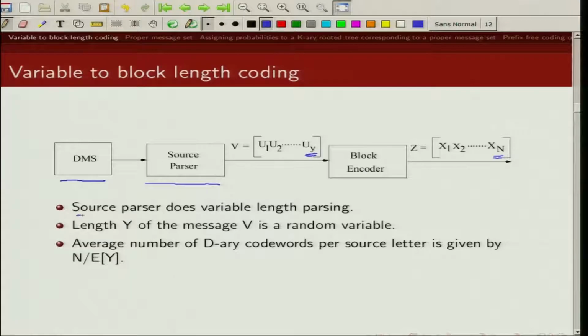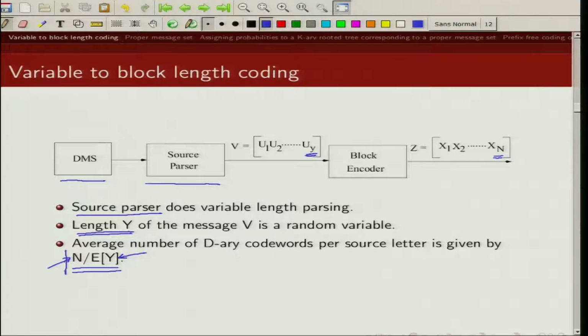So our objective is to design a source parser which will do this variable length parsing of the input bit stream, and our input block size Y is a random variable. Ideally we would like Y to be large, because n is fixed, and the average number of bits for the code word per source letter is given by n divided by the expected value of Y, because n is the output code word length and the expected value of Y is the expected input block length to this block encoder.